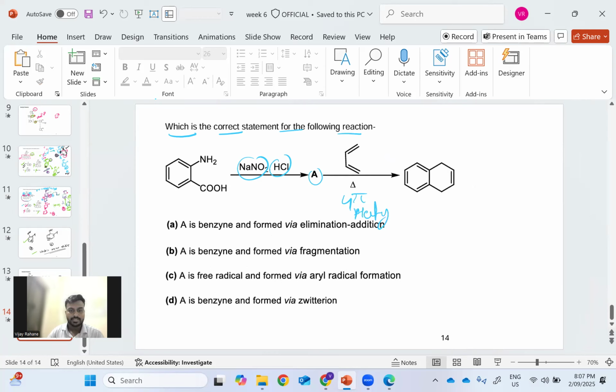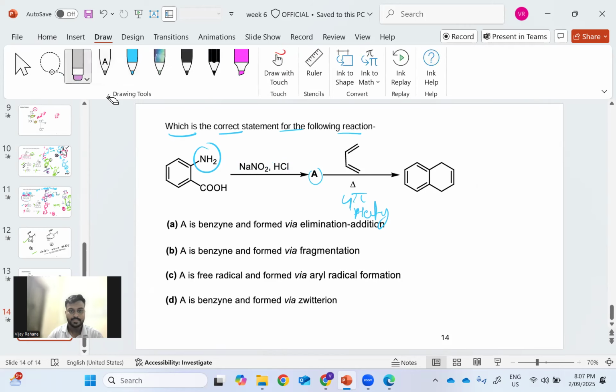So what does this reaction do if we add NaNO2 HCl to this compound, which has NH2 and COOH group? What happens in the product? Anyone? You have to speak, otherwise it will be difficult.